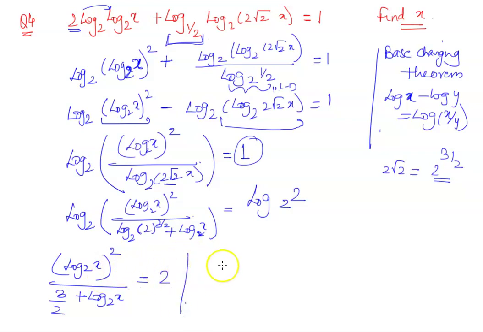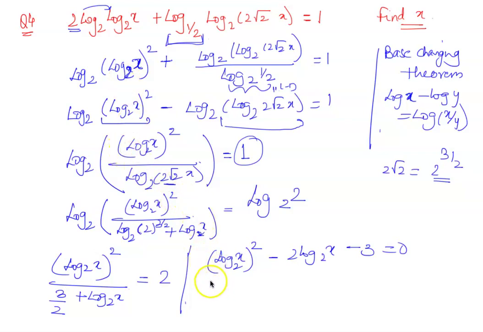Right? So what does this mean? Log x whole square. Now you solve this equation, you will get minus 2 log x to the base 2, and this goes here, minus 3 equals 0. If you solve this, what will you get?